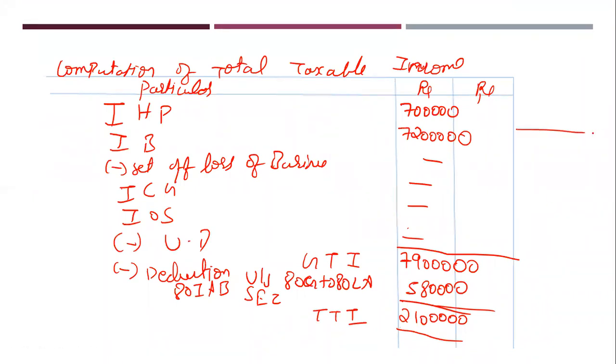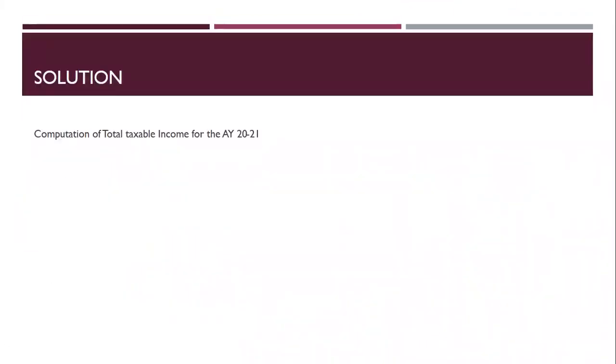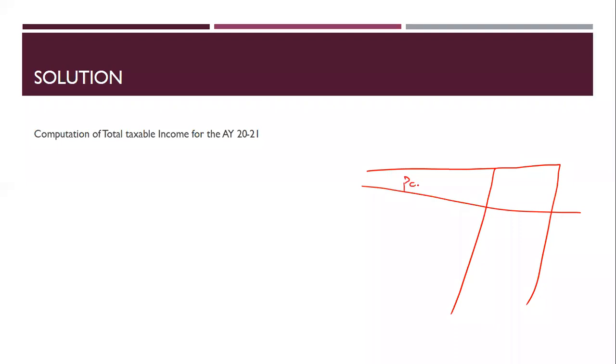We came to know the computation of tax liability. Okay, here only I'll do it. Computation of tax liability. Now, what is the company's total taxable income?